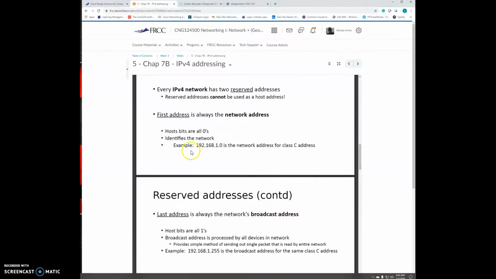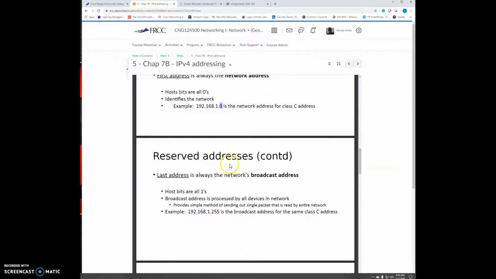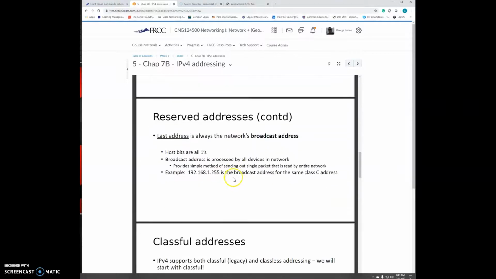Defining the first address of the network is always a 0 for right now. Since we're doing classful addressing, our first network address will always be a 0, and that would be our network 0, our subnet 0, since that's our starting point.